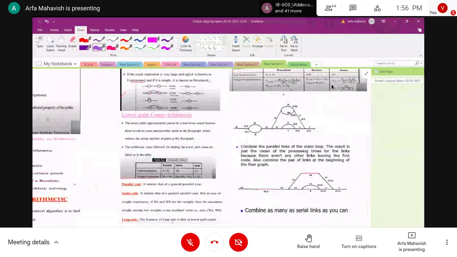For the mean processing time of the routine, the model has two weights for every link: the processor time of the link, denoted by T, and the probability of the link, denoted by P.